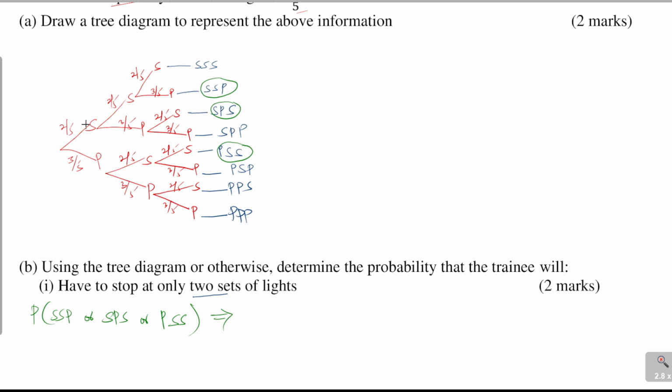Follow the branch carefully: 2/5 times 2/5 times 3/5. Or stop, pass, stop, that will be 2/5, 3/5, and then 2/5.